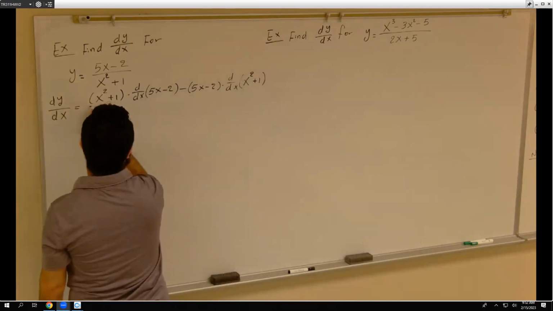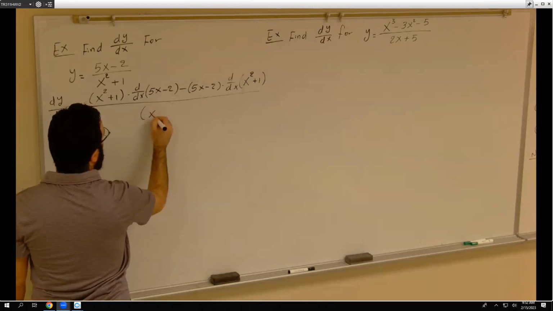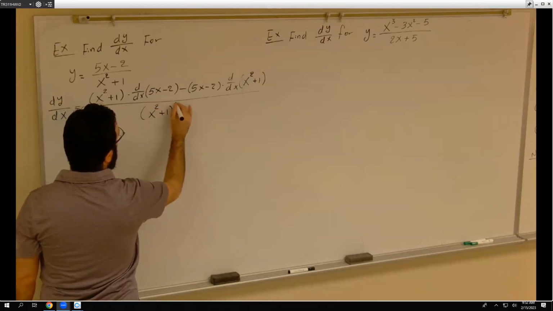And everything is divided by g of x squared, that means x squared plus 1 squared.